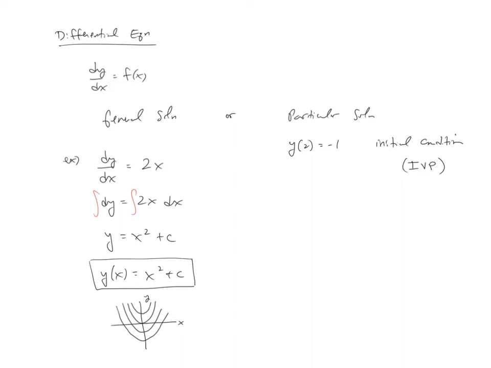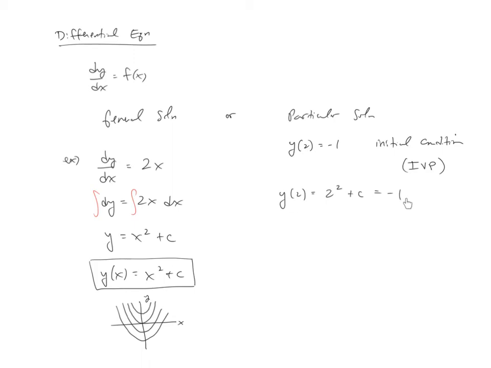So down here earlier I wrote y of x because I knew what was coming. So now if we evaluate using that point, we would get y of 2 equals 2 squared plus c, and that would equal -1. All right, I put my 2 in here for my x, and then y of 2 equals -1.